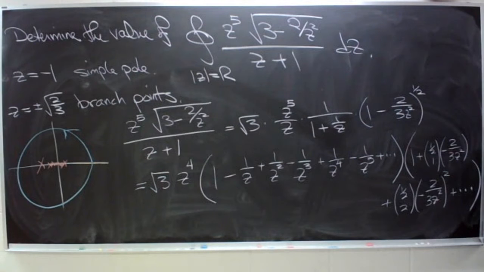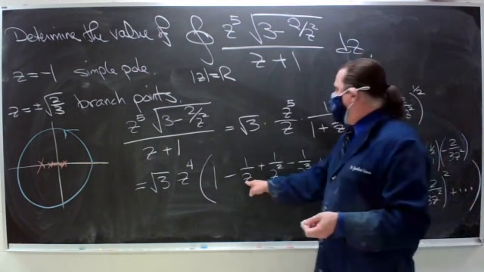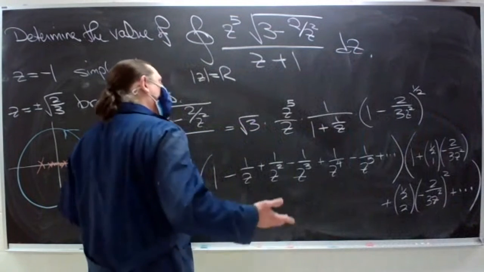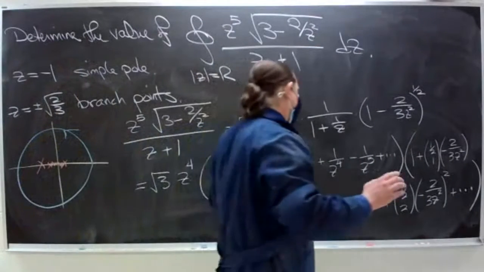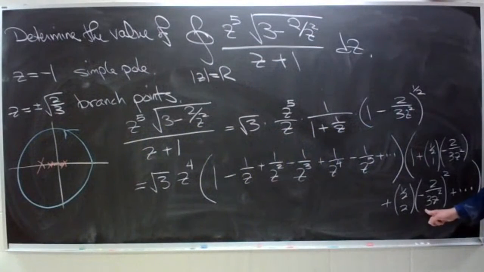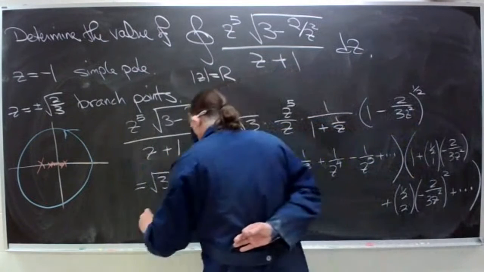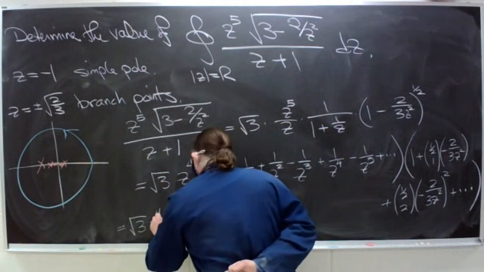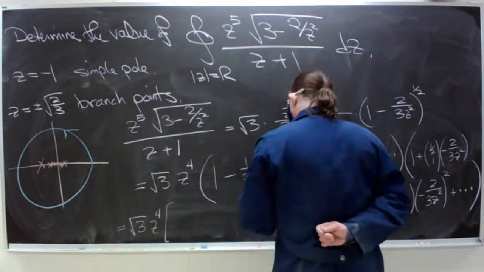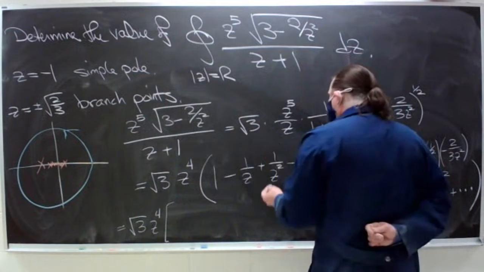All right? What about negative 1 over z? Well, I need 1 over z to the 5th. So this will combine with that to give me a 1 over z. All right, so let's see what we got.